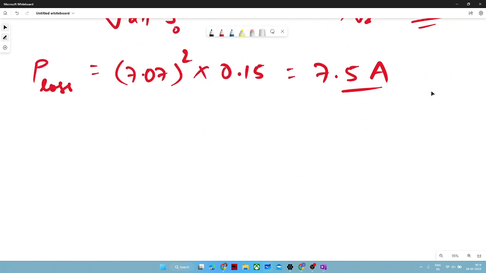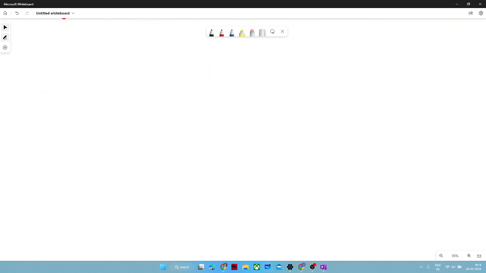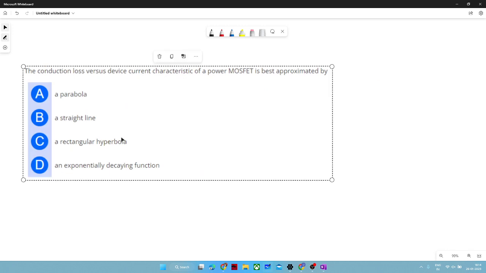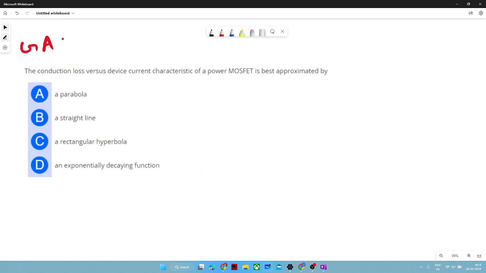So moving ahead with another problem. This problem was asked in GATE 2005, where we need to identify the curve of conduction loss in a power MOSFET versus its device current, right?